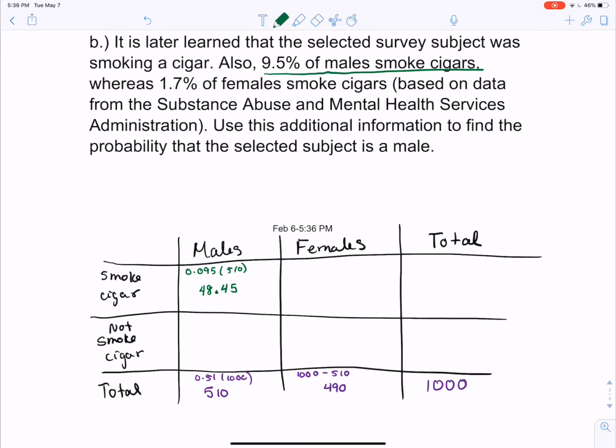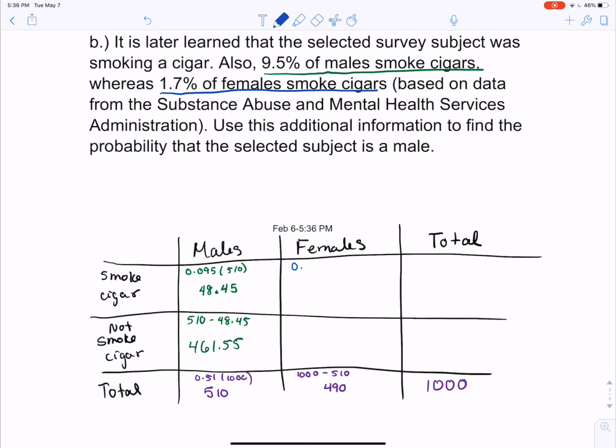If we figured this out, we can figure out the males who do not smoke cigars with subtraction. I can take the total number of males, subtract the 48.45, and get 461.55. Now I can look at this 1.7% of females smoke cigars.